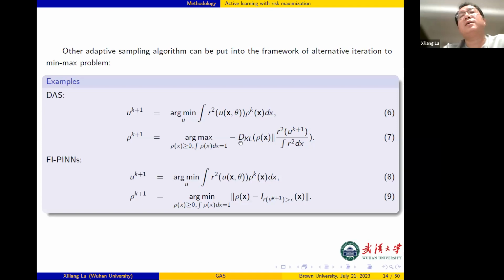But the rho update is not the similar form; it minimizes the KL divergence between rho(x) and another distribution, which comes from the residual. That is DAS. For FI-PINNs, the u-star problem is also similar, and the rho-star problem is: where the residual is large, we put the density there, but when the residual is smaller than a tolerance, we just ignore that. That is FI-PINNs.